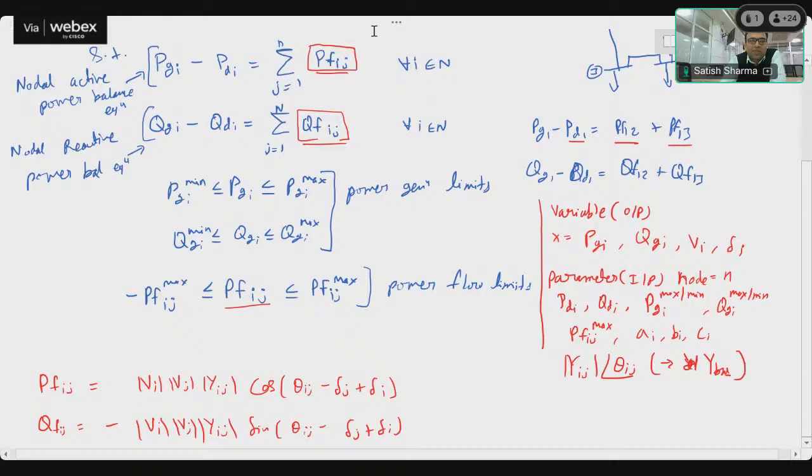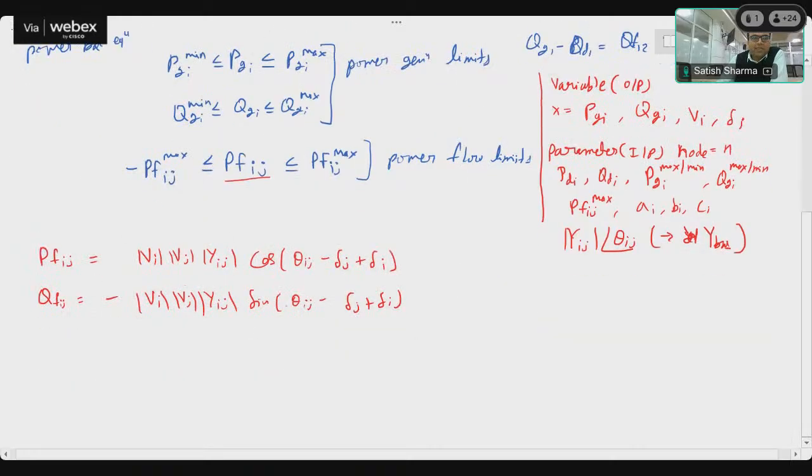Once I have provided that information here, I have to modify some equations. So this PFIJ will be replaced by this value, and QFIJ will also be replaced by this particular value. Now there are two more variables, so I have to provide the limits of those variables. Vi should have a maximum and minimum value, and delta i should also have some maximum and minimum value.